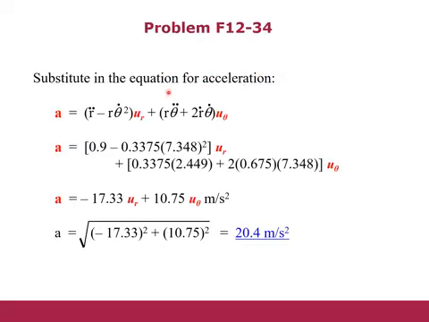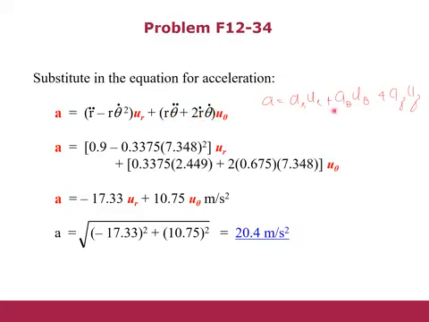Now this is the solution for the acceleration. As we have studied, in the cylindrical coordinate system we have acceleration and its three components: a equals ar ur plus a theta u theta plus az uz. We will individually calculate the magnitude of these different components. ar is equal to r double dot minus r theta dot squared, and a theta is r theta double dot plus 2 r dot theta dot.